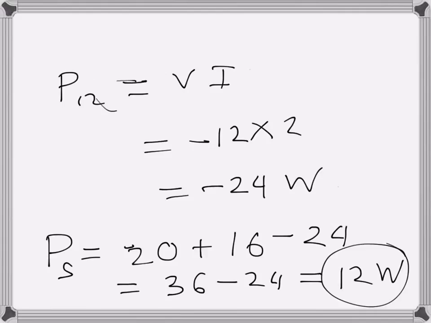The distribution is like that. This is 20 watt supplied by the 10 volt power supply, 16 watt supplied by the 8 volt power supply, and 24 watt dissipated by the 12 volt power supply. So that's like that.